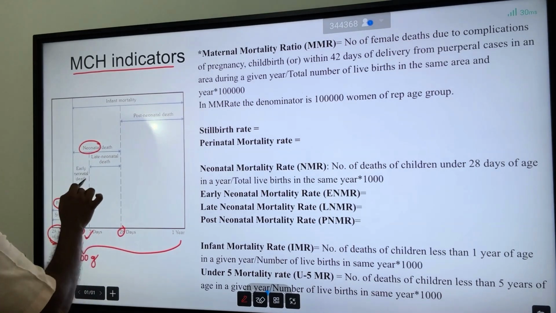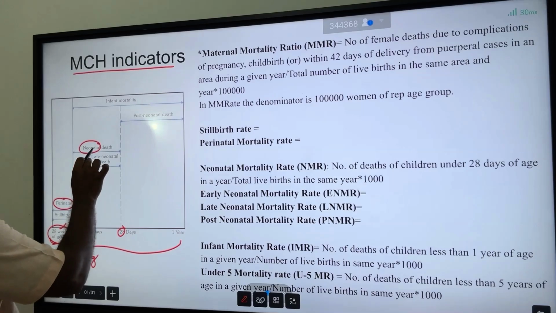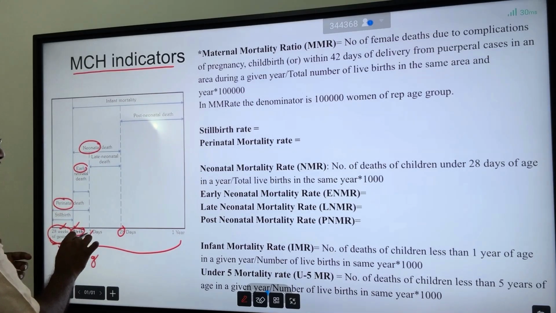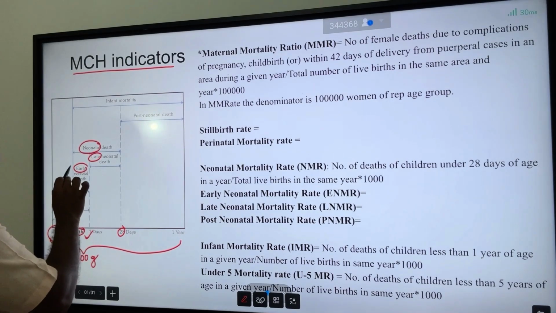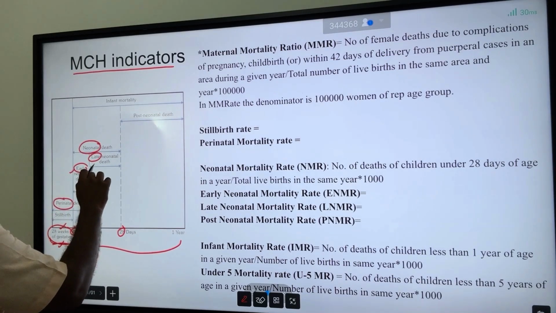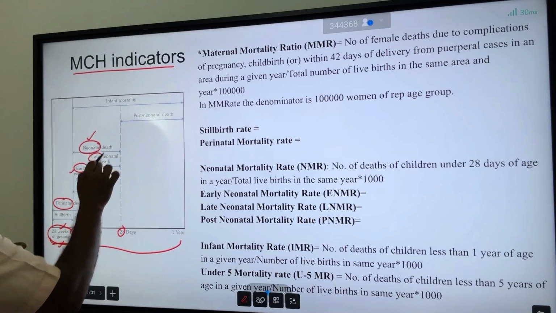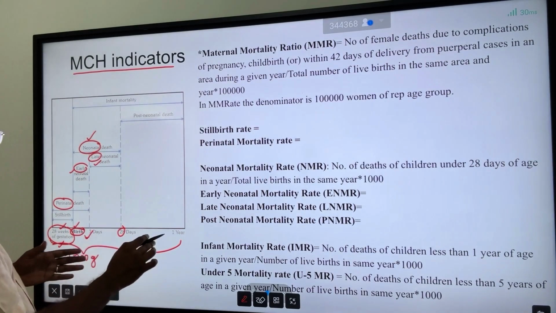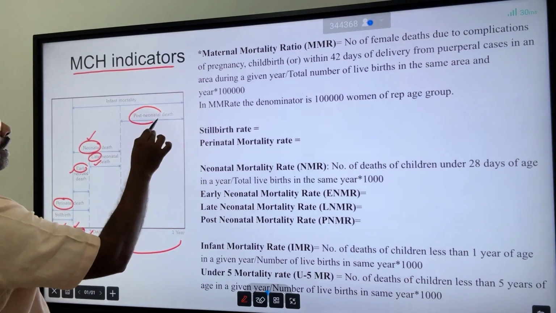Out of which 1 week is called the early neonatal period. And the second week to the fourth week will be called the late neonatal period. Any deaths during this period will be considered early neonatal death and late neonatal death, and as a whole, neonatal deaths. And any death after this 28 days till 1 year of age will be considered post-neonatal death.